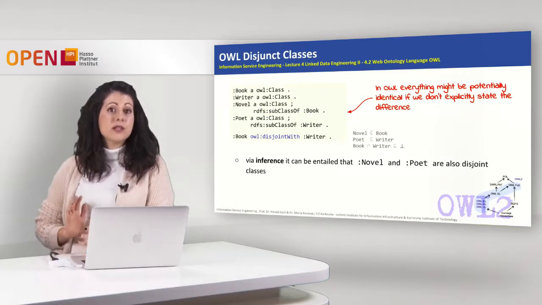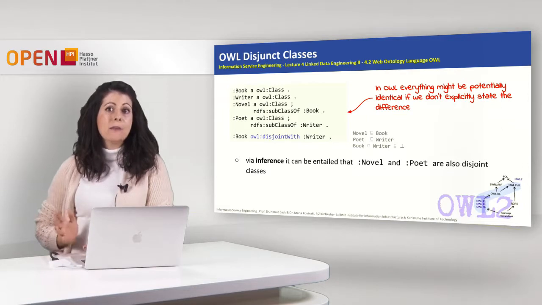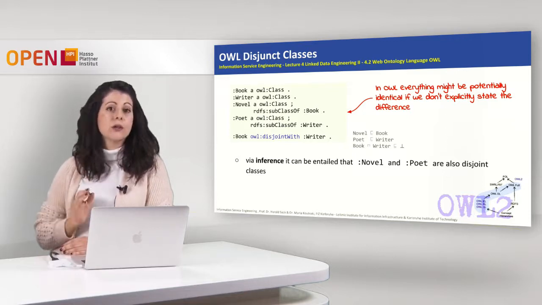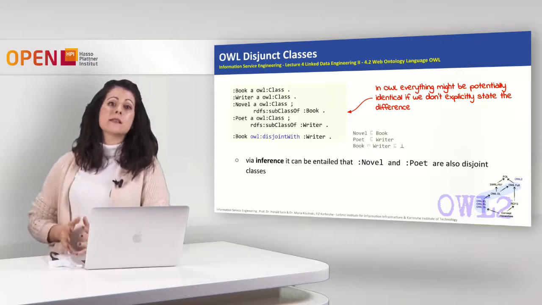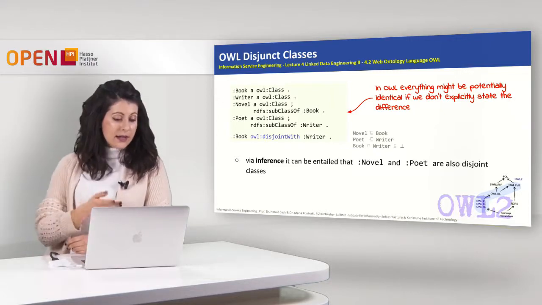Also, we can have disjoint classes, because in OWL actually everything might be potentially identical if we don't explicitly state the opposite. So that's why we have OWL disjoint with, to explicitly state that things are disjoint when they have to be disjoint. Let's see the example.